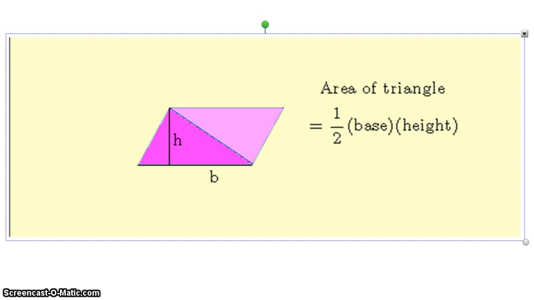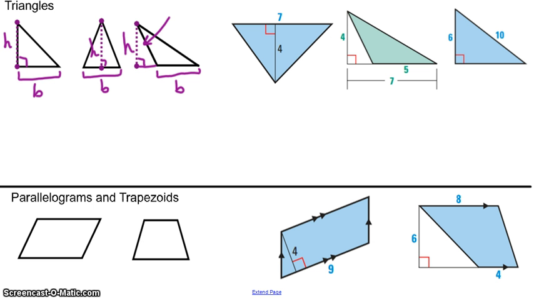Since there are two triangles there, that must mean the area of a triangle is 1/2 base times height. So the area of any triangle is going to be 1/2 the base times the height. Another way people sometimes write this is base times height divided by 2.